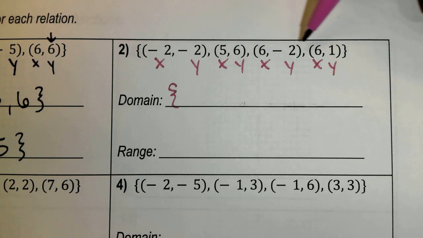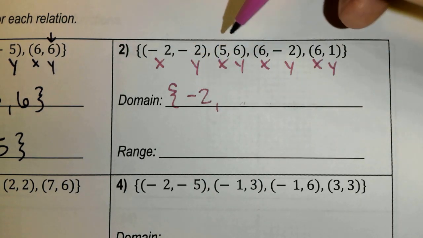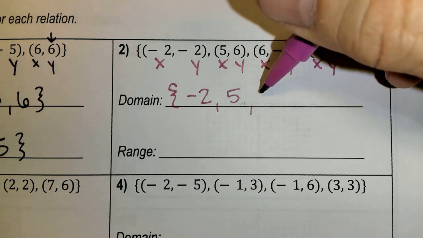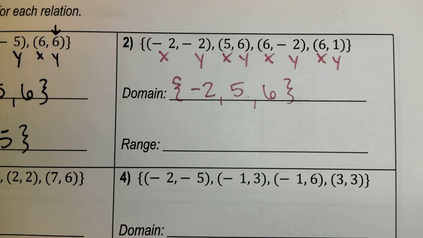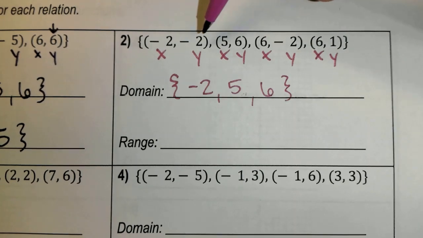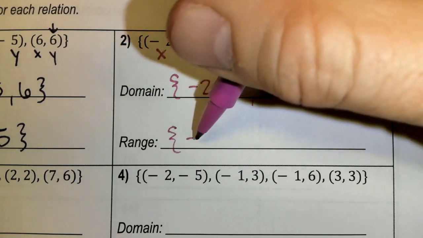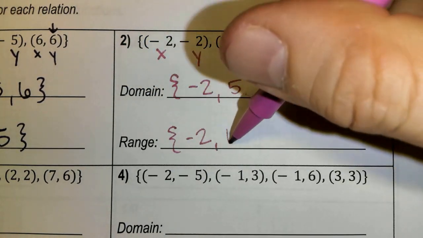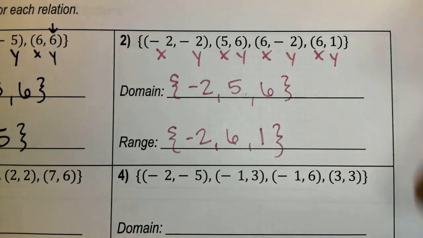Okay, so I have 6 and 6 again, so I'm not going to repeat those. So I have -2, 5, and 6. And that's it. Range, -2, 6, -2, 1. So I don't write the -2 twice. So I have -2, 6, and 1. And I'm done.